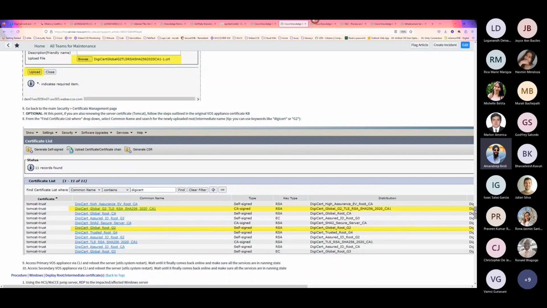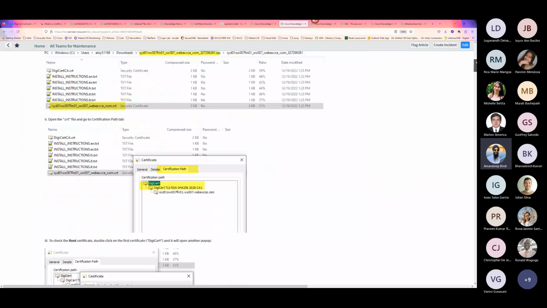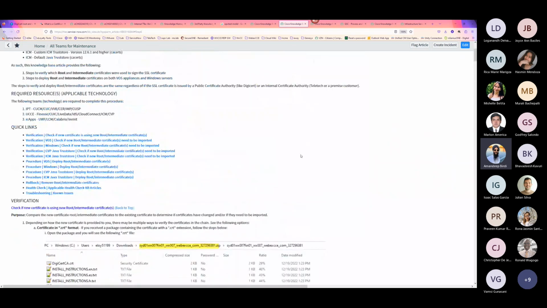Very similar. But use this KB if you don't know if the root and intermediate are trusted already by your application. Come here, look at this KB, right? It'll tell you the steps for each application, each technology.